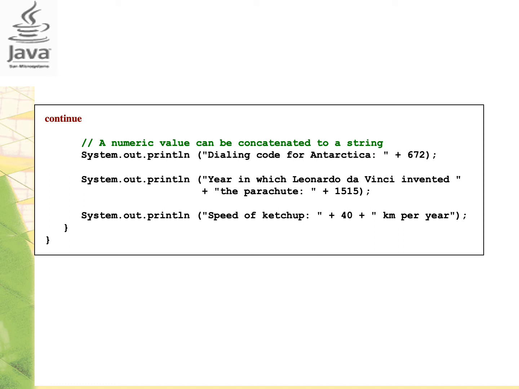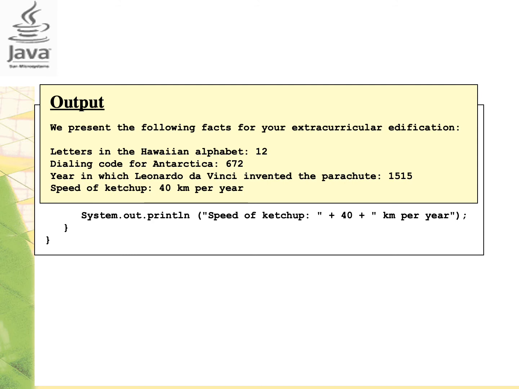In this code, what do you think the output would be? String concatenation happened, so it will display it in the sentence. For example, letters in the Hawaiian alphabet 12, dialing code for Antarctica 672, and so on. You can try and run the code and see if you get the same output.